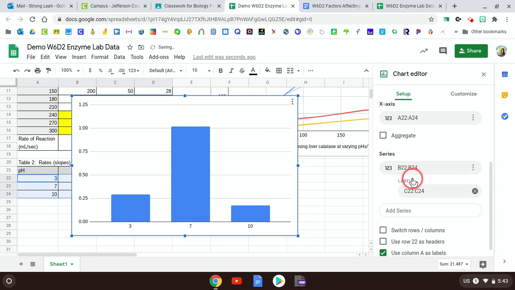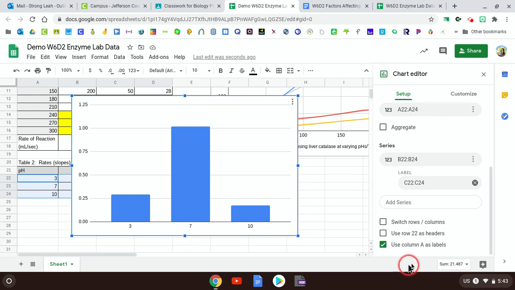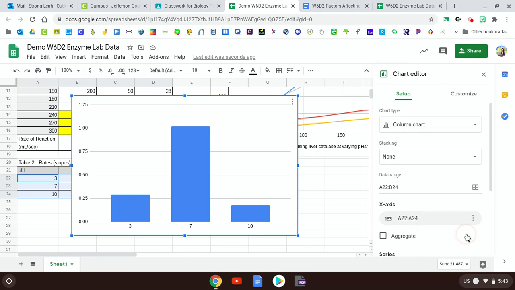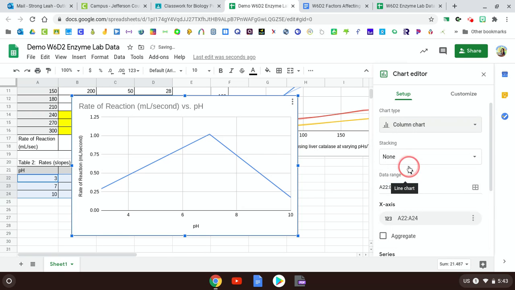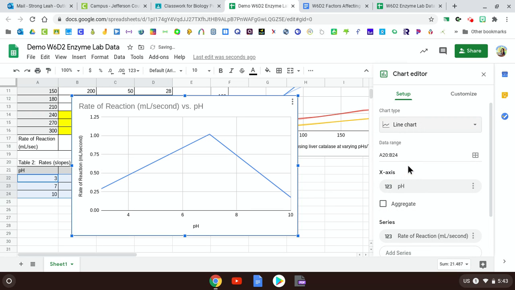We just want the B, B22 to B24. And I didn't highlight labels. So I can't get rid of it, but I'm not worried about it right now. Okay. So that changed us there. So that should help our line graph look right.